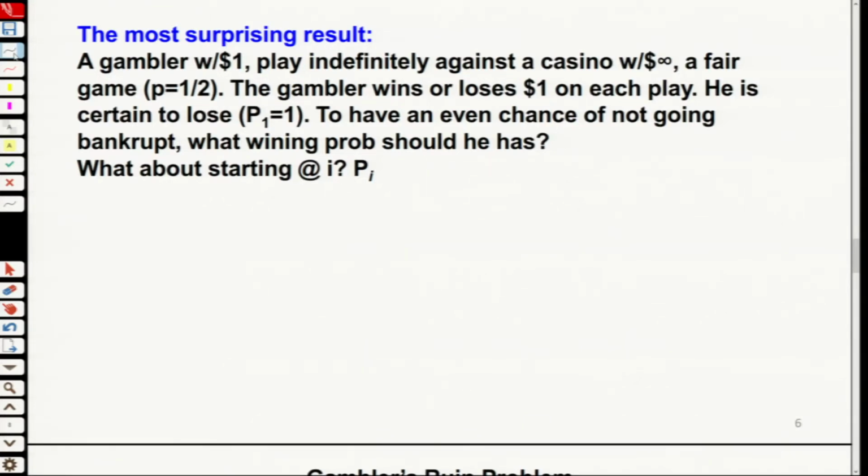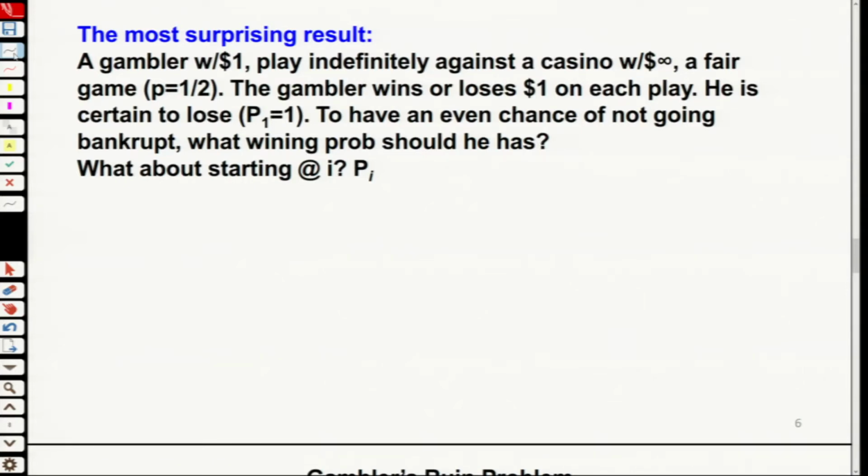What is even chance? Even chance means this casino has infinity dollars, and this person has $1. If we really wanted the whole process to be 50%, this person wins 50% and the casino wins 50%, what winning probability should he have? 2/3, right? 2/3.